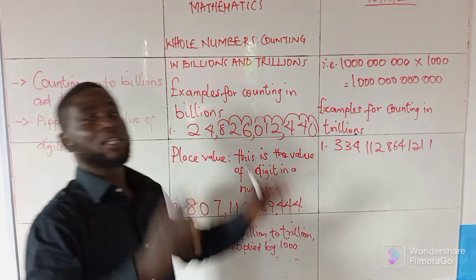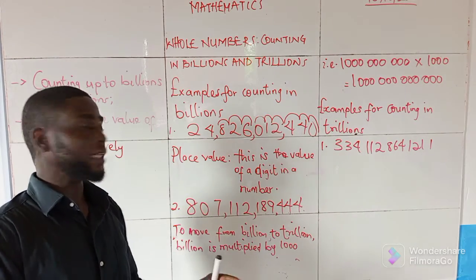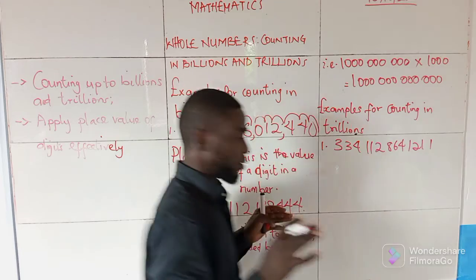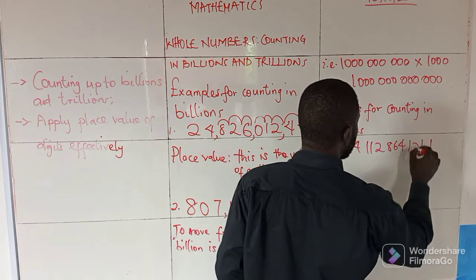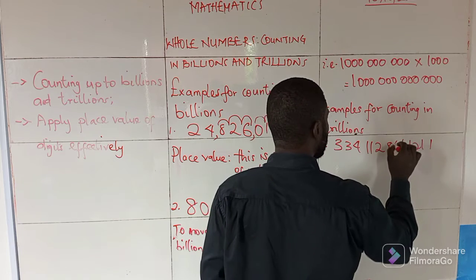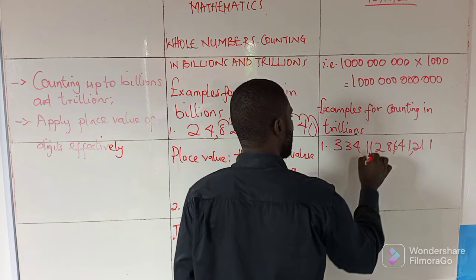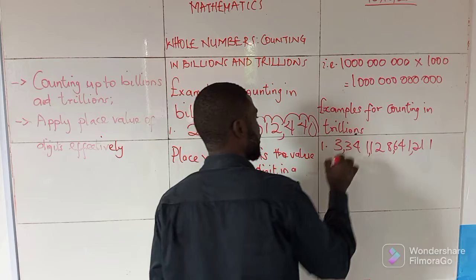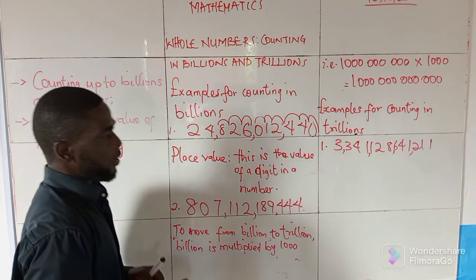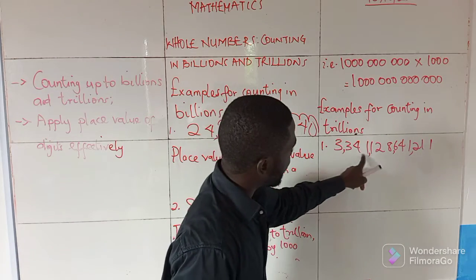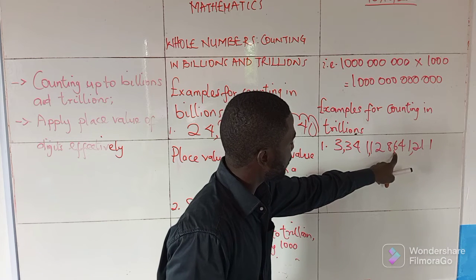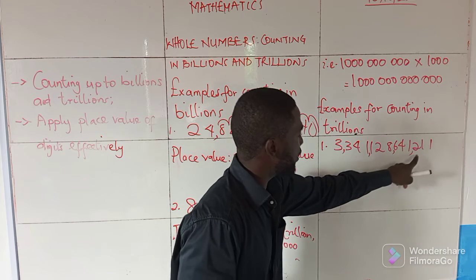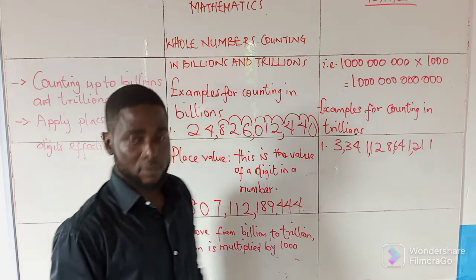Based on this, we are just going to use the same principle of grouping to get our number properly named. So 1, 2, 3, separate by comma, 1, 2, 3, separate, 1, 2, 3, then 1, 2, 3. Now we have 1, 2, 3, 4, 5, 6, 7, 8, 9, 10, 11, 12, 13 digits.